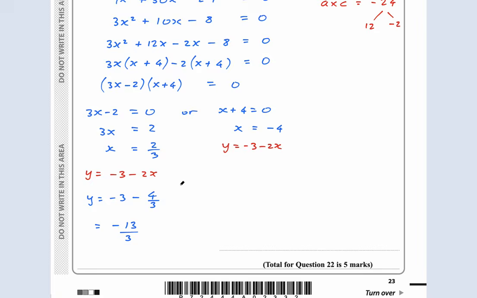Use your calculator, guys, if you didn't know what I did there. And here, y is equal to minus 3 minus 2 times minus 4, which is plus 8. So here, y is equal to 5. So my two solutions are x equals 2/3 when y is equal to minus 13 over 3, or x equals minus 4 when y is equal to 5.